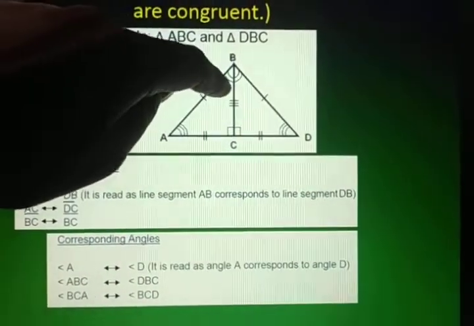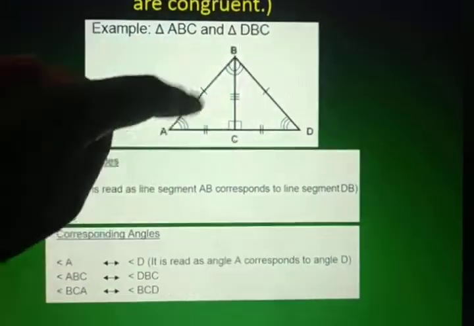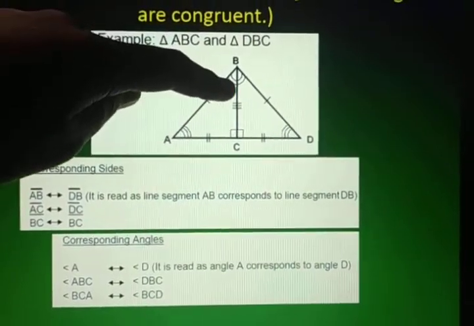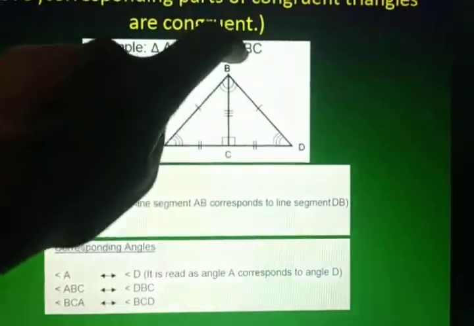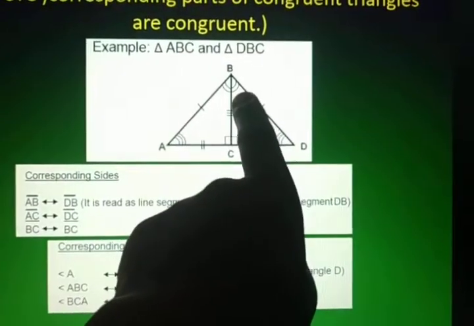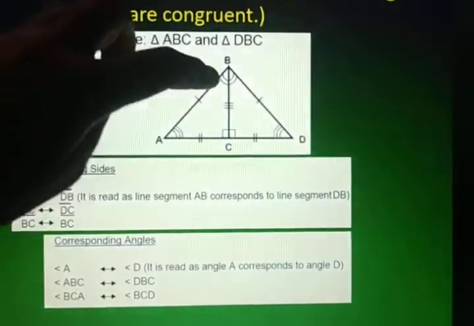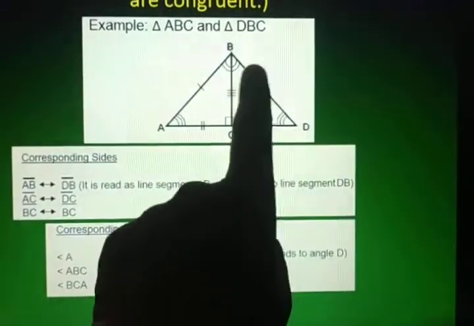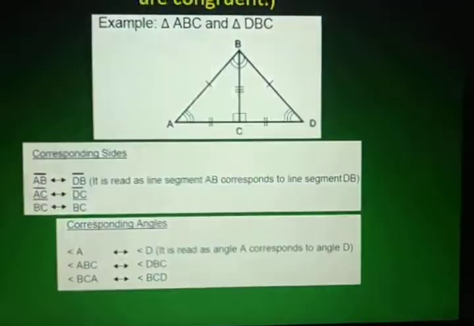The middle is B; these are just the legs. Angle B corresponds with angle DBC. Here it is, angle DBC. So we are looking for angle B. Angle B in the first triangle corresponds to angle B of the second triangle.